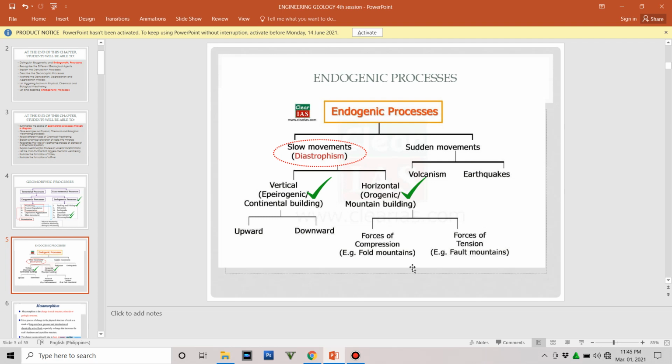And if we have tension, of course, it will crack. So there will be a cracking action of your earth material. So that is the difference between the fold and the fault mountains.